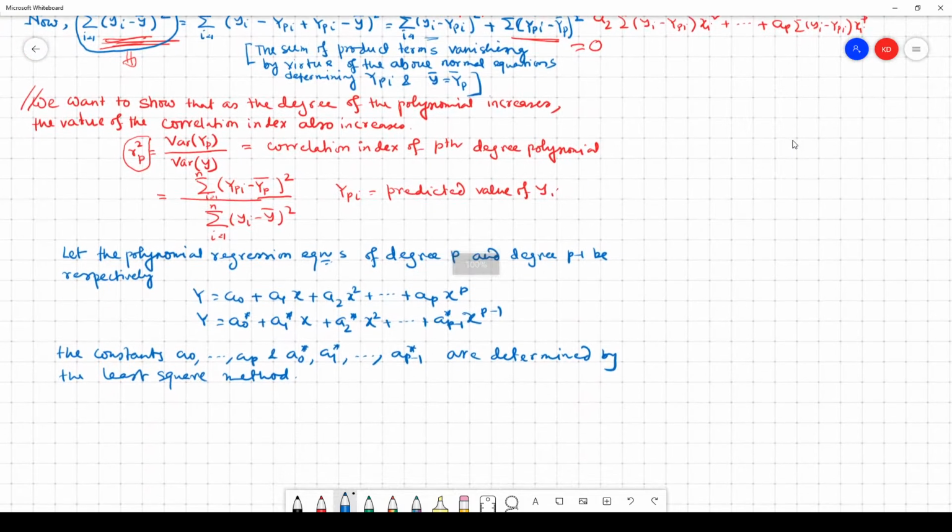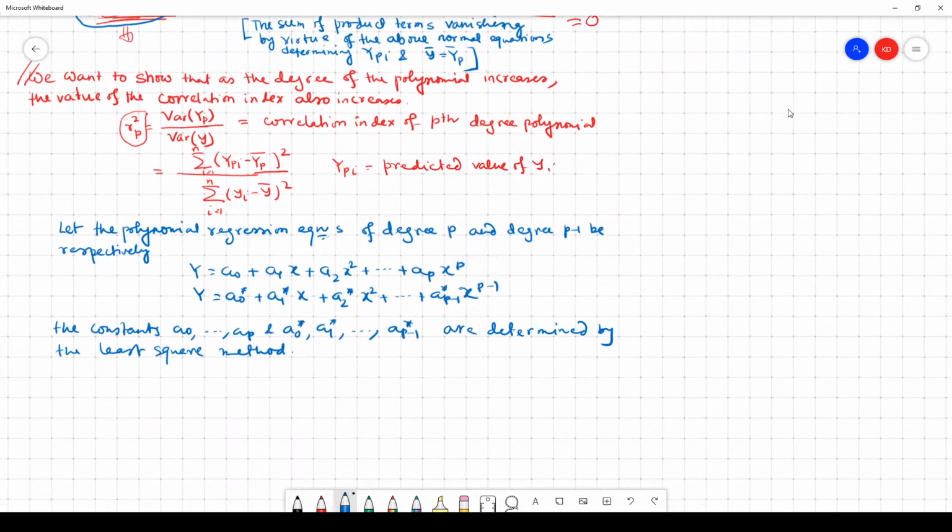We know if you consider this for a pth degree polynomial, by the definition of the least square method, we minimize the error sum of square.